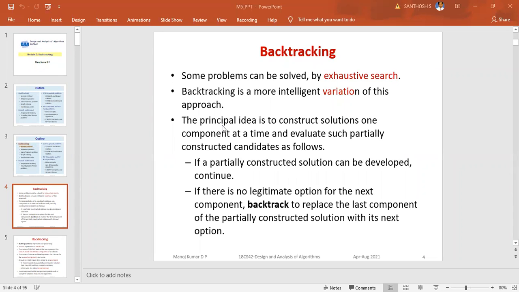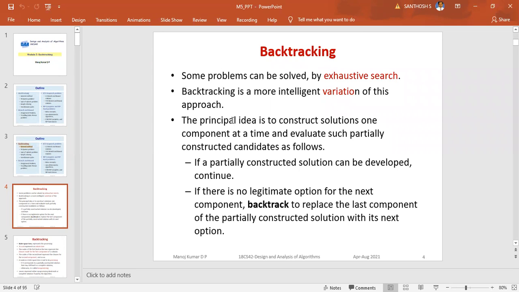If there is no option for the next component, that means the partial solution cannot be developed. At that time, we backtrack to replace the last component with its next option. So the method you have taken, if it cannot be solved or developed, then we backtrack to replace the last component. That is the concept.